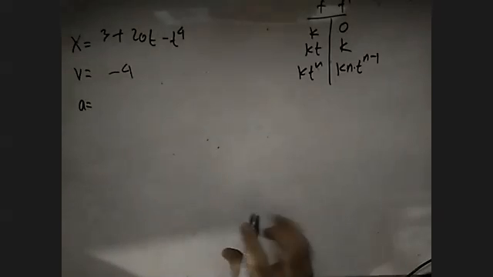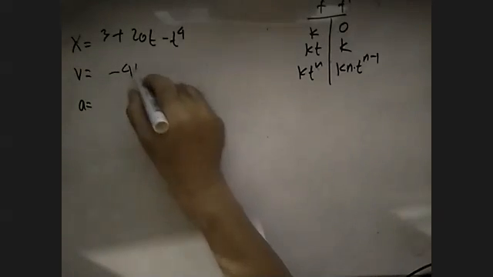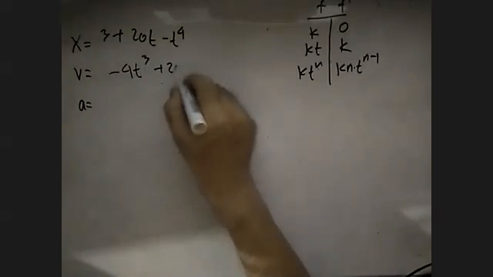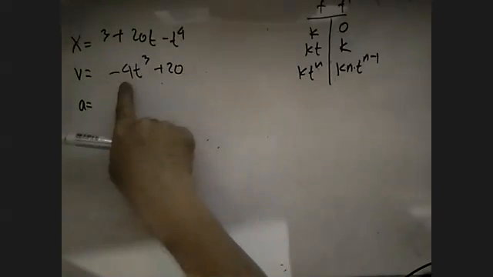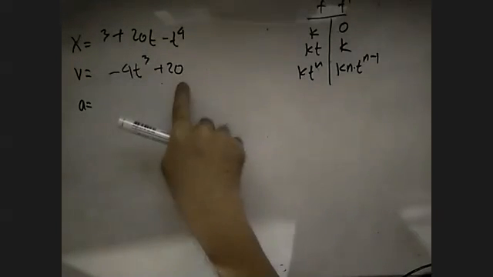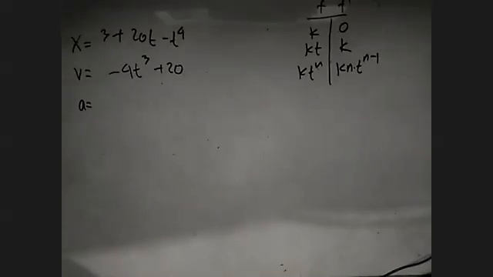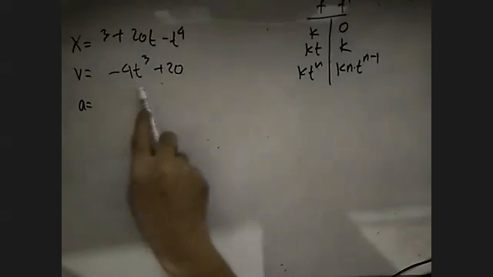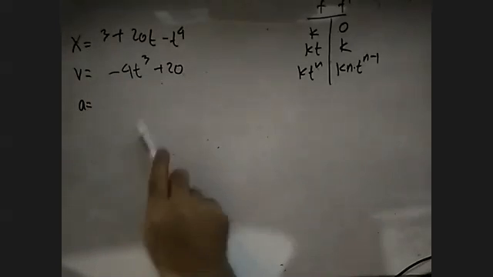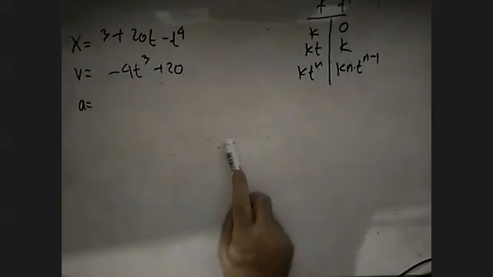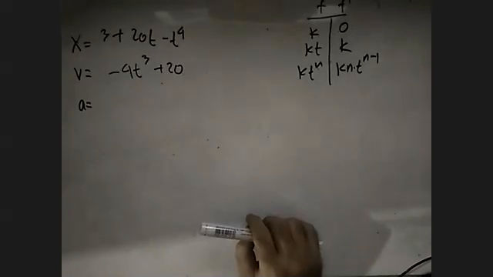Plus 20. Minus 4t power 3 plus 20. Very good. This is negative 1 times 4, minus 4. The power from 4 becomes 3. The 20 comes from 20t, and the 3 doesn't have anything. It doesn't really matter the order of writing them. You can write 20 first and minus 4t cubed later, or vice versa. It's addition, so a plus b plus c, we can change the order, c plus b plus a, for example. It's okay.